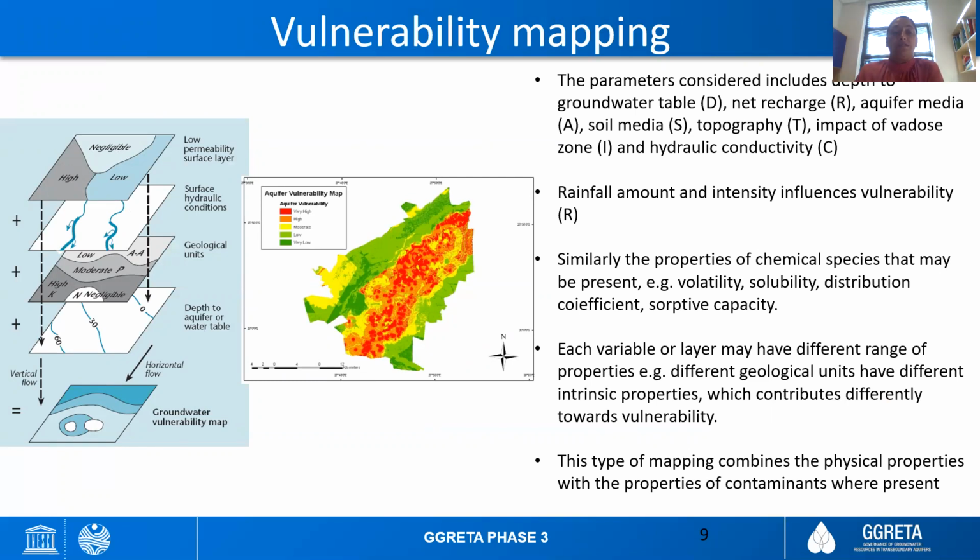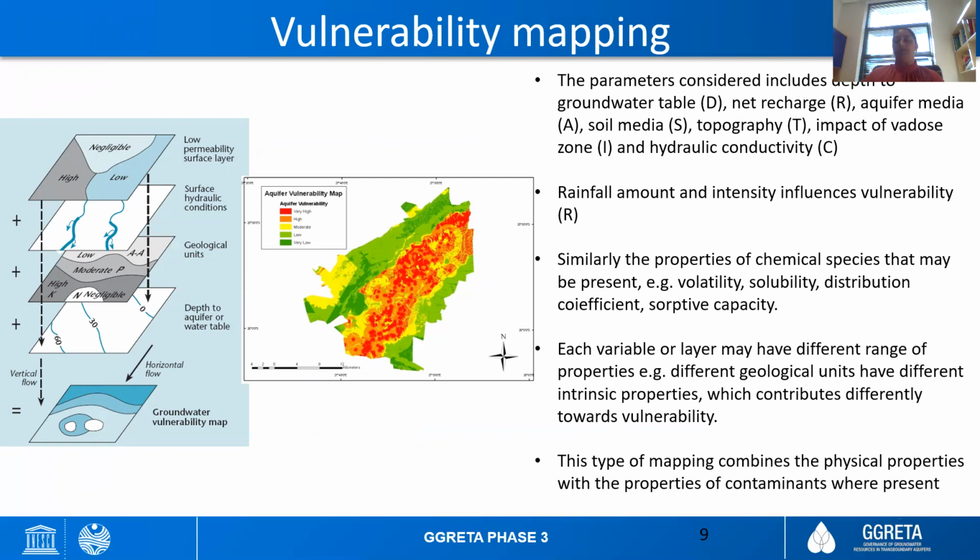So each of these parameters would have their own ranges of values that can occur. Your rainfall amount and intensity normally influences your vulnerability.